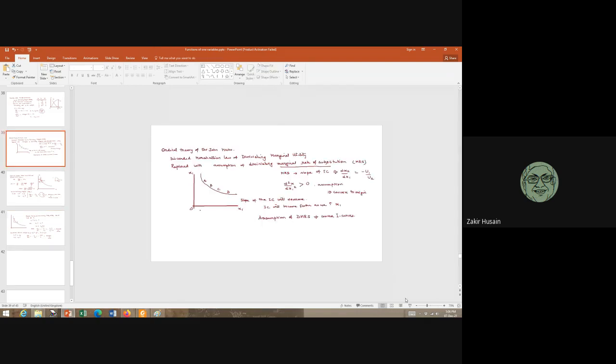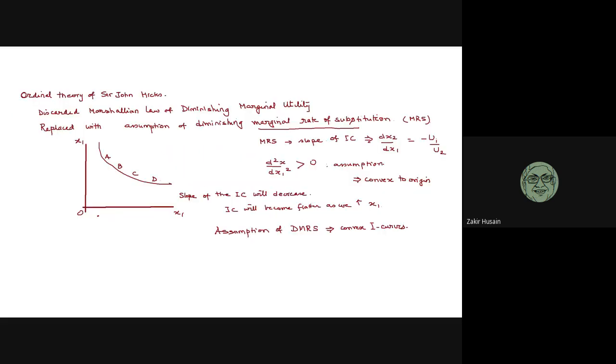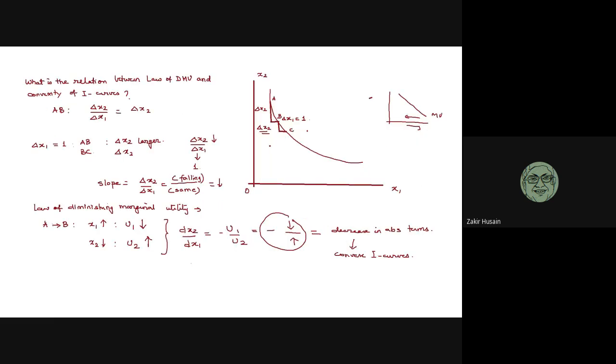So over here, I had said that if I assume the law of diminishing marginal utility, if the law of diminishing marginal utility holds, then indifference curves will become convex to the origin. The slope will decrease as I move down the curve.